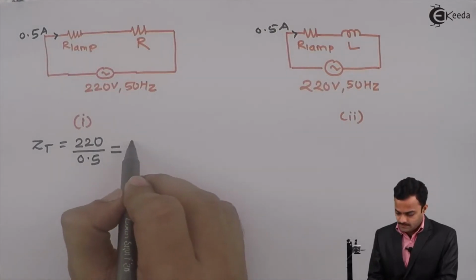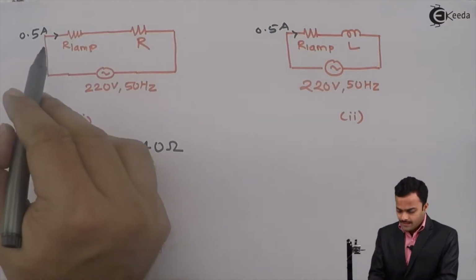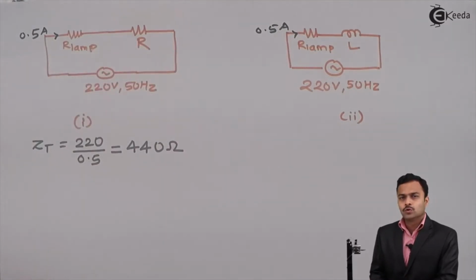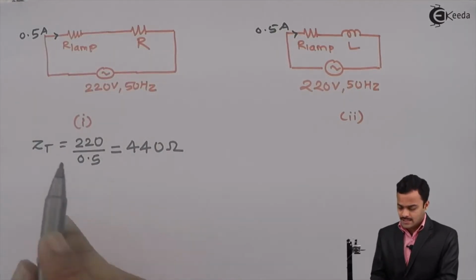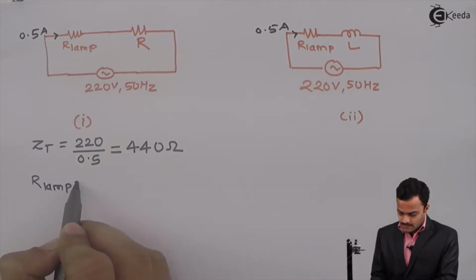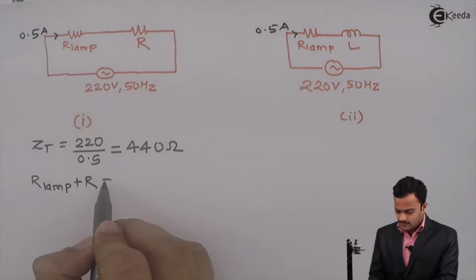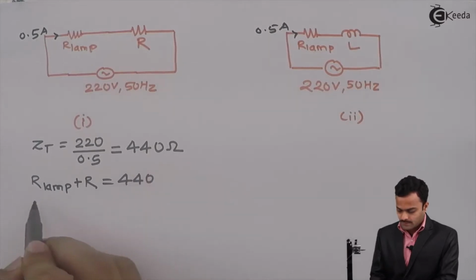So it is actually 440 ohm. And here I am just having two resistances connected in series. So total impedance is nothing but lamp resistance plus some external resistance R equal to 440.